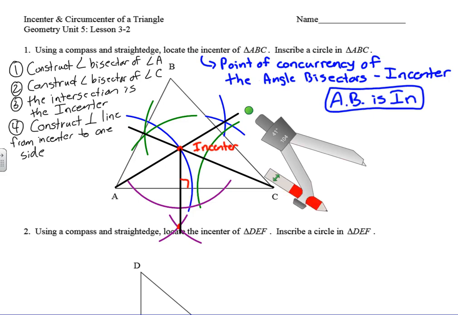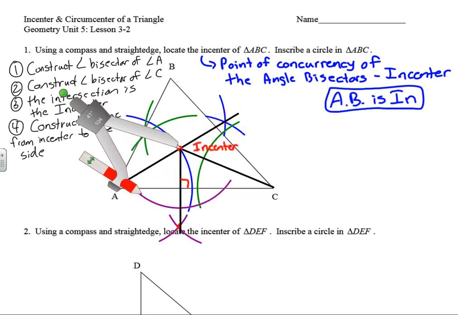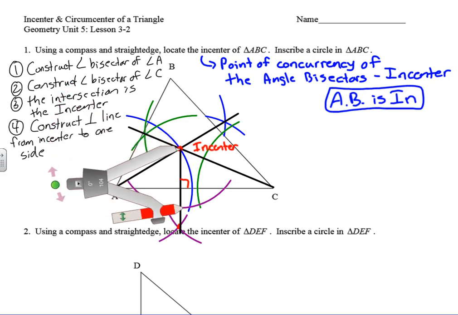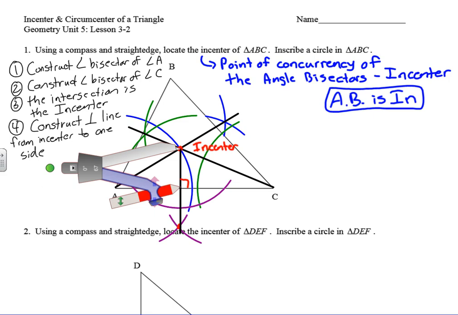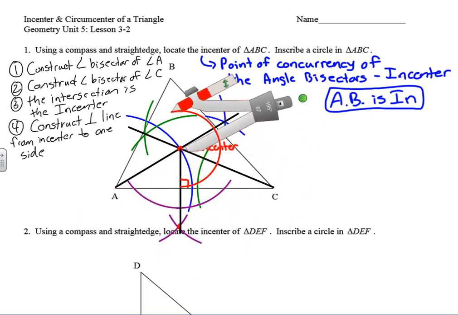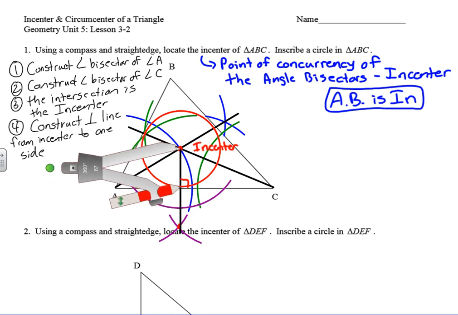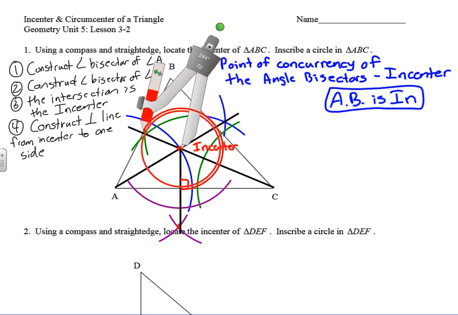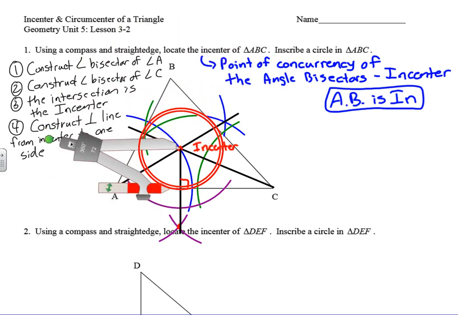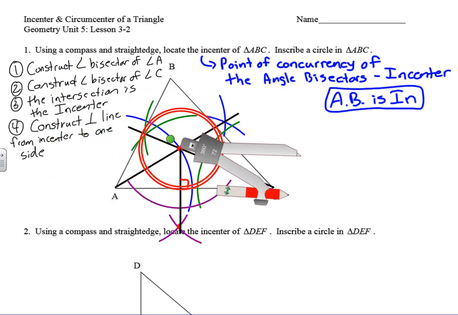So if we bring our compass over here to the incenter and we adjust the compass setting up to the inside, now at that point that's going to be the radius of the circle. And you see here, I probably should have gone down just a little bit more. I think the second one probably looks a little bit better.